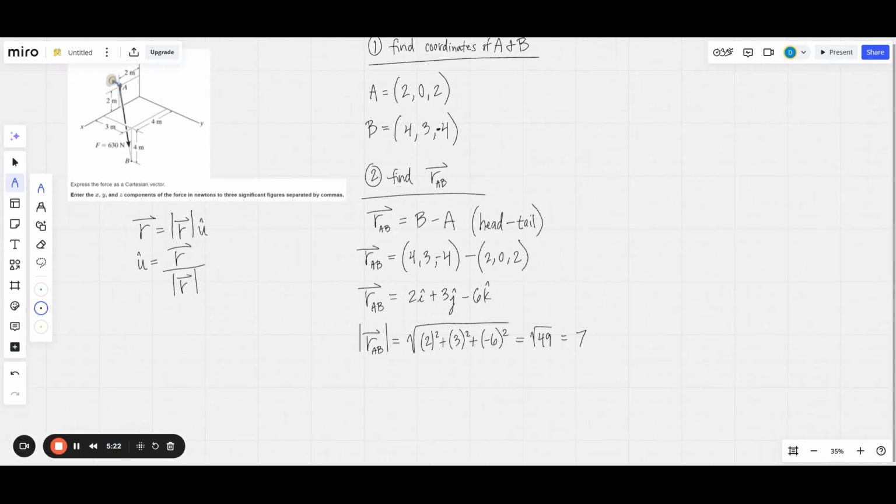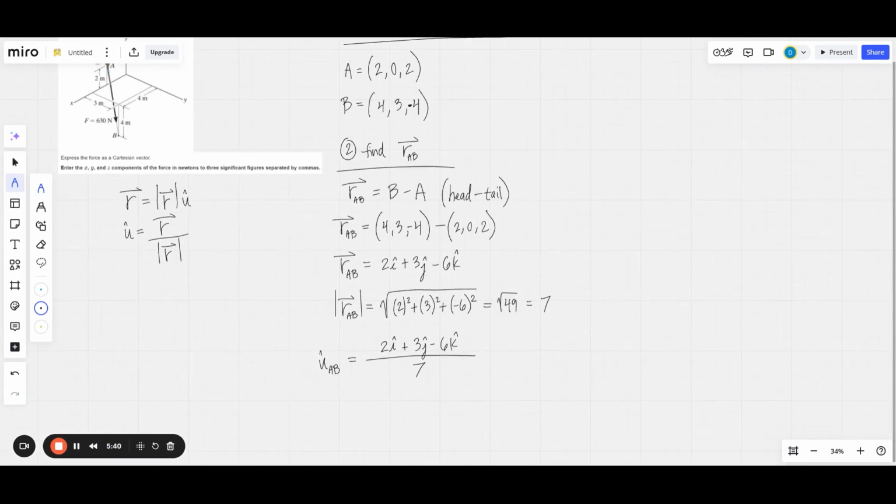So now to get u AB, we're going to have the position vector, which is 2i plus 3j minus 6k all over 7. And you're just going to take each of the components and divide by the magnitude.